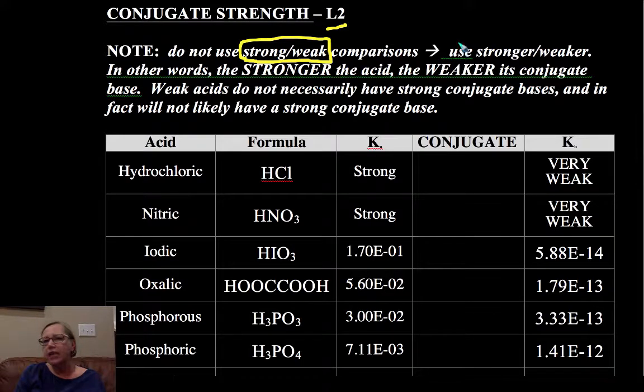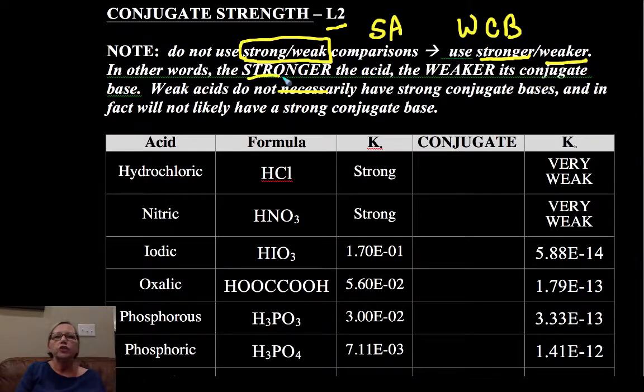In other words, I hear people say that a strong acid has a weak conjugate base, and we want to be a little bit careful with that terminology. Instead, I want to talk about stronger versus weaker, not strong versus weak. I know it's subtle, but it's important. The stronger the acid, the weaker its conjugate base.